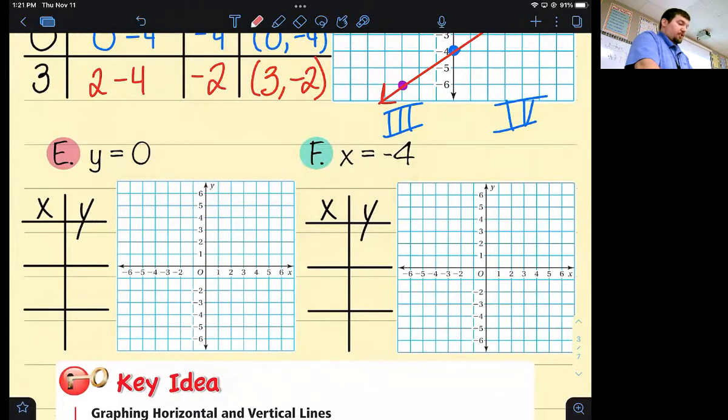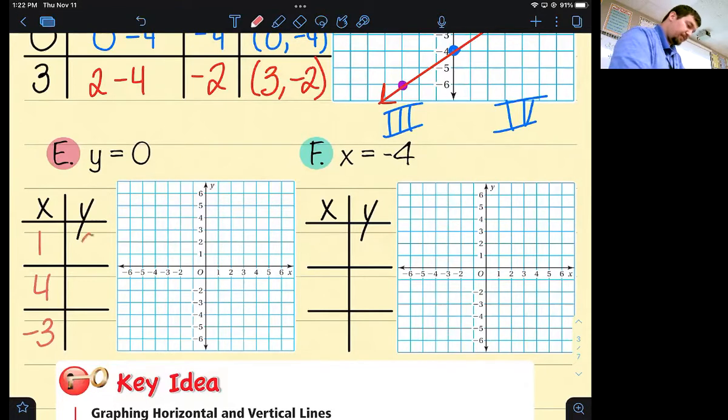So the next two equations, y equals 0, x equals -4. I left it blank for x because it doesn't matter what you plug in for x. There isn't an x to be plugged in for, which means whatever you plug in for x, maybe it's 1, maybe it's 4, maybe it's -3, whatever, what is y going to be?